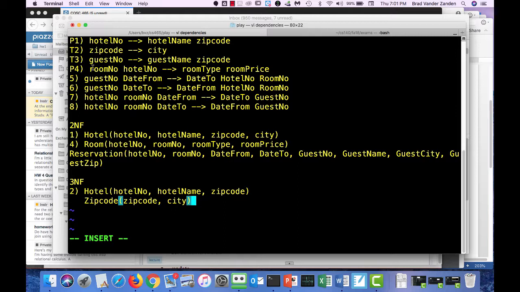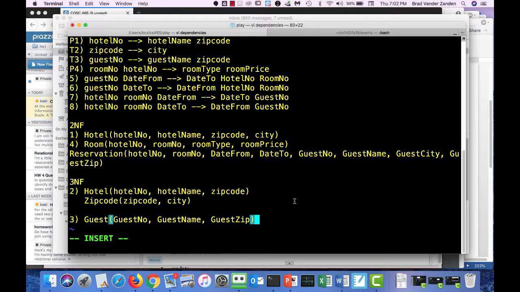And then for the third one, guest number determines guest name and zip code. This will come out of the reservation relation. So you can see guest number coming out here. So we'll call it guest, and it has guest number as a primary key, and then guest name and guest zip as the 2 attributes.